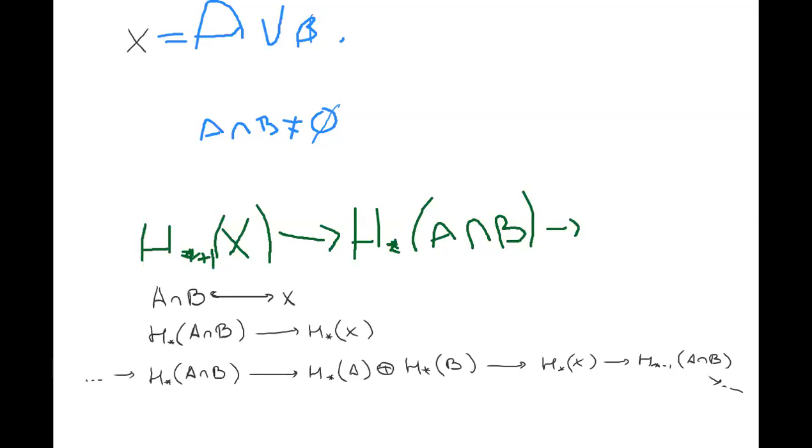Okay, so now we want to understand what subspaces we need to take in the case of the torus. You can take like two cylinders.